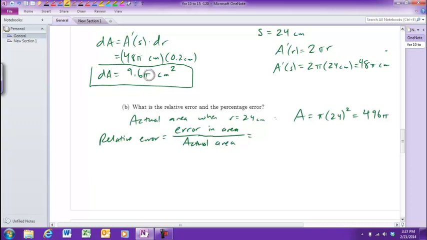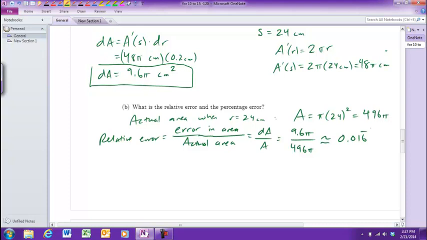So our error was given to us by dA. Our area is A. So this is 9.6 pi divided by 576 pi. And you do that division and this comes out to being approximately 0.016 repeating.